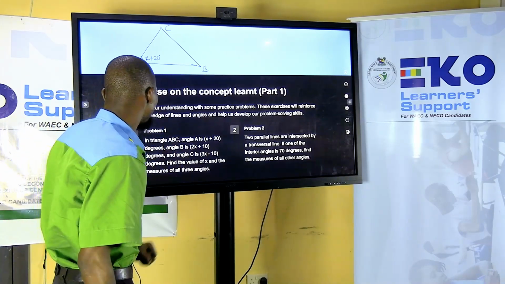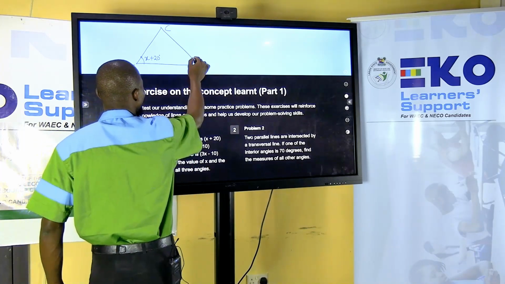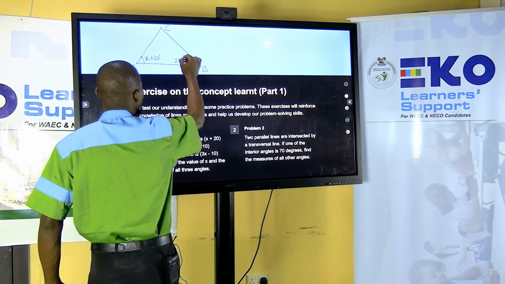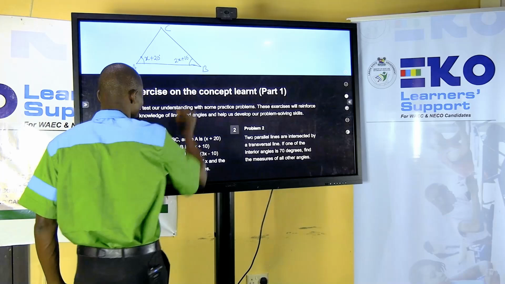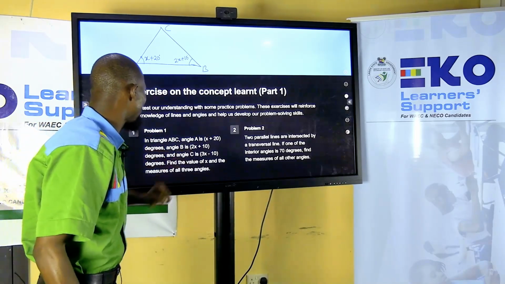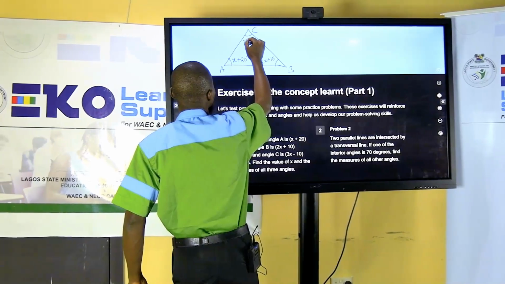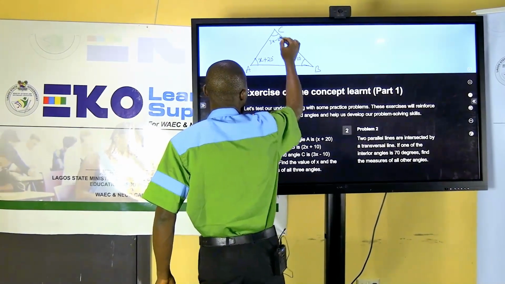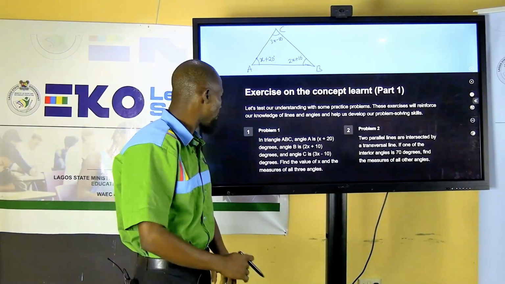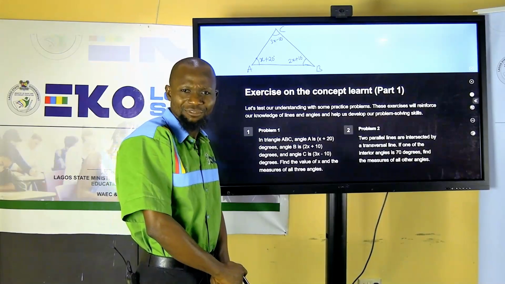Angle B is 2x plus 10. And angle C is 3x minus 10. Find the value of x and the measure of all the three angles.